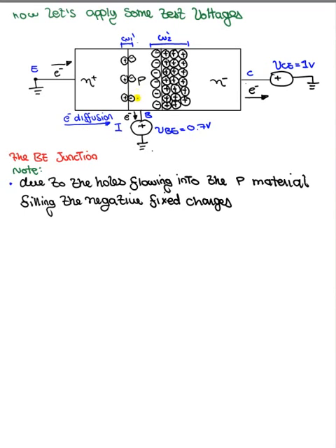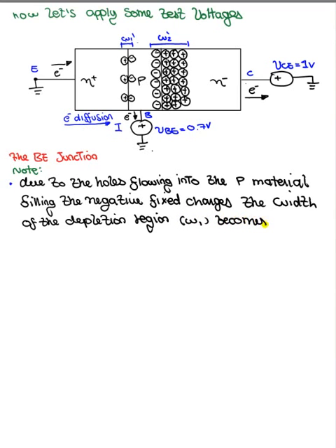As the electrons come out, they leave holes behind, and those holes are used to fill the negative fixed charges. And so we get a smaller depletion region, and the width of the depletion region, in this case W1, becomes smaller. Okay, so that's the first thing that we see.